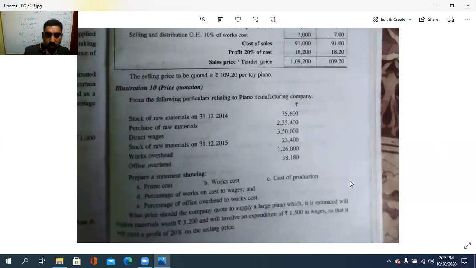See, stock of raw materials on 31/12/2014 it is 75,600. This is a little difference with regard to the above problem.